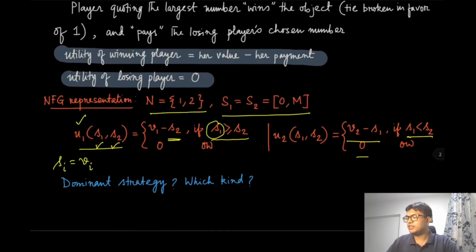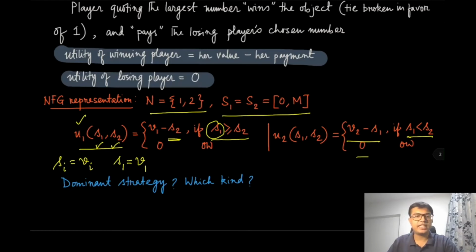So imagine what can happen. Without loss of generality, let us assume that we are just focusing on player 1. Let's say S1 is equal to V1, and we claim that this is going to be weakly dominating any other strategy. What could be a different strategy? It can be either larger than V1, or it can be less than V1.